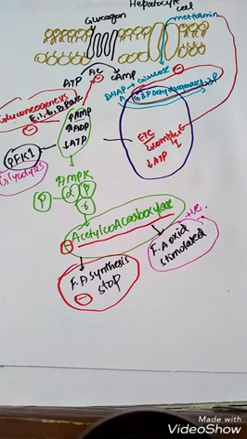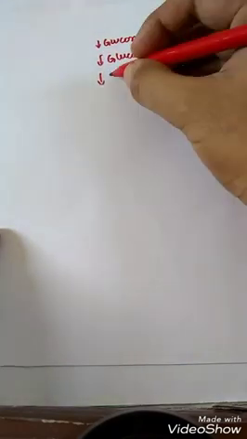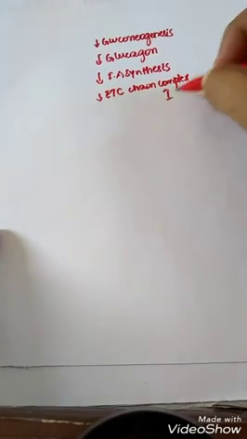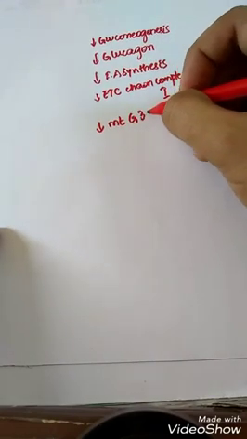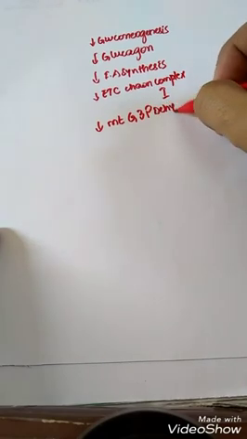Now let's summarize this all. What I said is that we are inhibiting gluconeogenesis, we inhibit glucagon, we inhibit fatty acid synthesis, and of course we are inhibiting the electron transport chain complex 1, and we are inhibiting the mitochondrial glycerol 3-phosphate dehydrogenase enzyme.